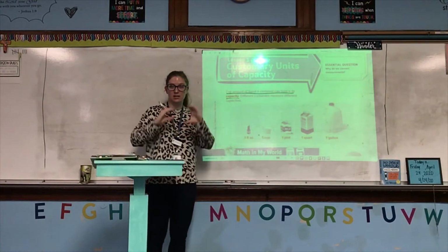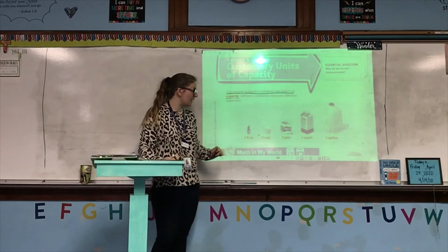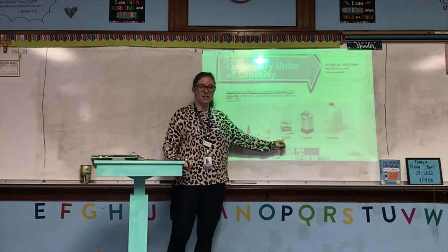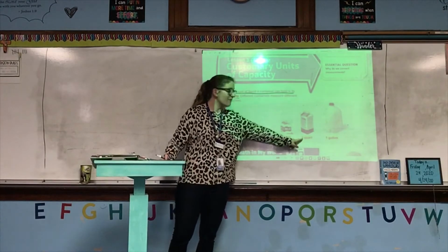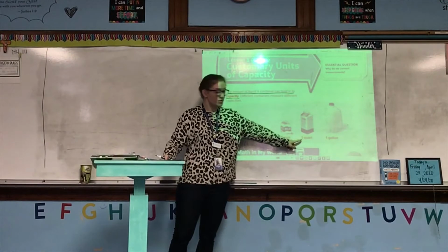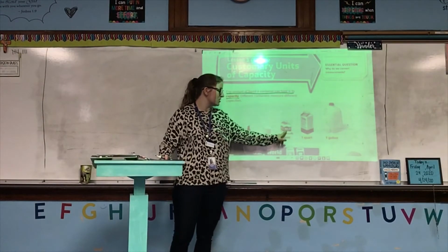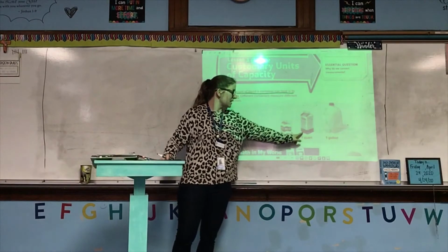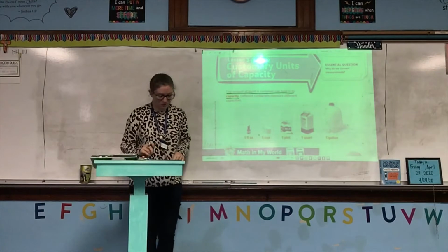Most of those measuring cups that are like this size hold 1 cup. Then we have the milk cartons like you have at school that hold 1 pint. Then we have the milk cartons that you see at the grocery store that hold 1 quart. They don't normally sell small, sometimes they do, but not as much. Mostly you'll see this. And then they have the 1 gallon jugs of milk.